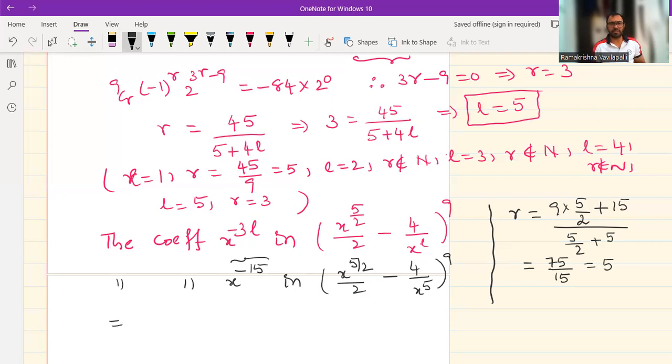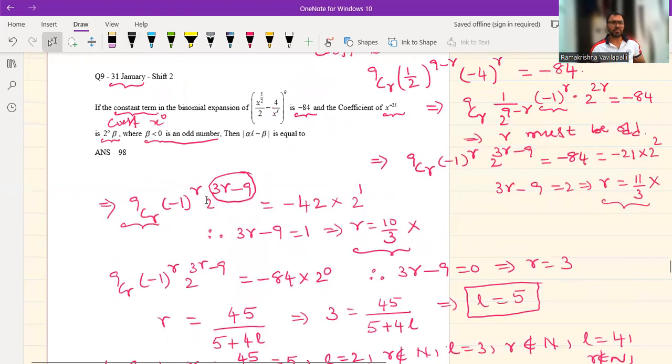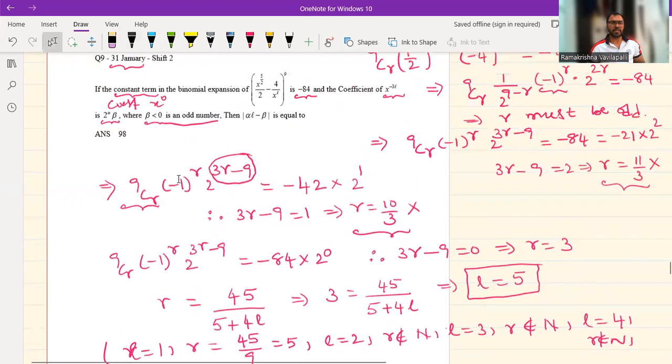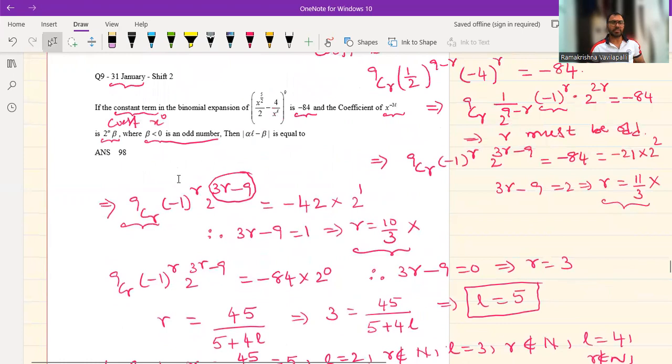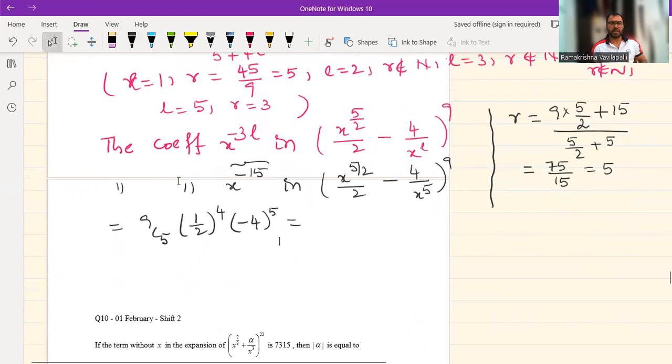So this is equal to 9C5 times (1/2)^4 times (-4)^5. This we need to convert into some format, that is, 2^alpha times beta, where beta is less than 0, an odd number.